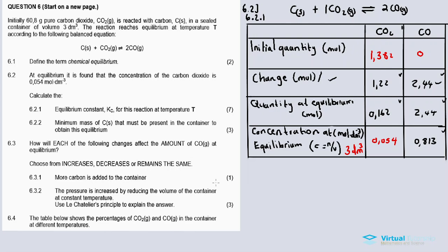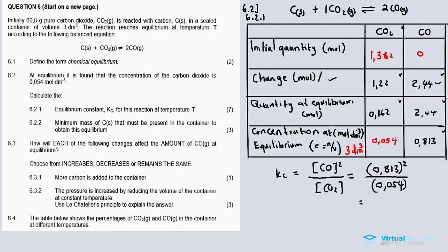So therefore the Kc value is equal to the concentration of carbon monoxide squared divided by the concentration of carbon dioxide. Since I included this one, it's a solid, it remains constant. It's a constant, so I exclude it from the formula. So this is equal to the concentration of carbon monoxide 0.813 squared divided by carbon dioxide 0.054.